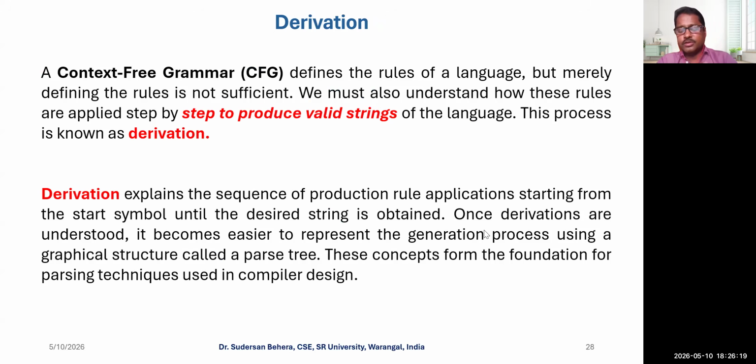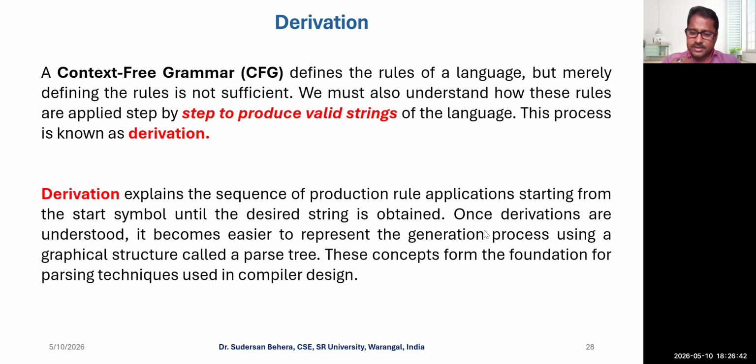This context-free grammar has 4 components, and because of some rules it forms its productions. But the question is, what exactly does it do? What is the usefulness of these production rules?